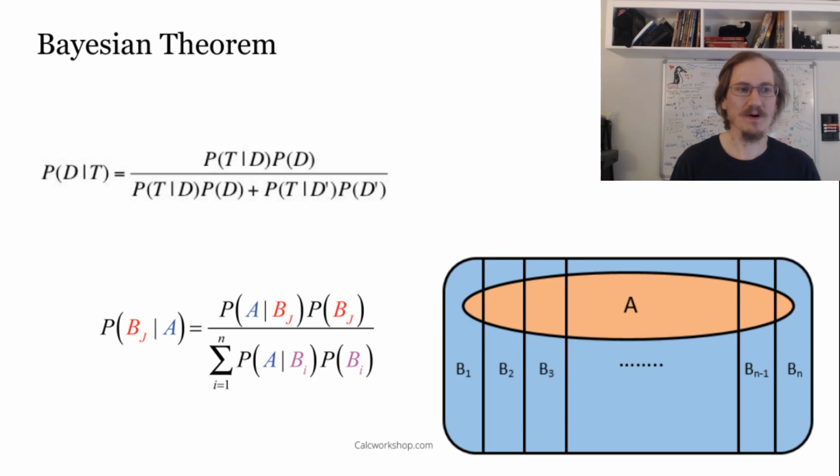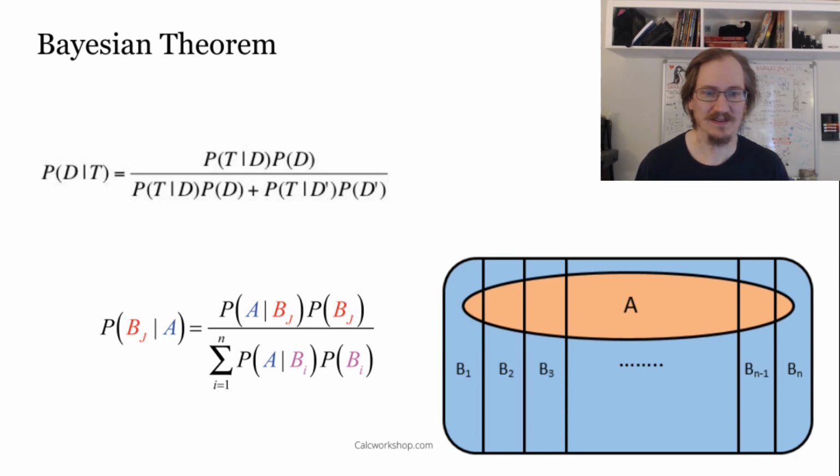Now on the bottom we have a generalized view of this. Instead of just having two divisions, D and D naught, we can have as many partitions as we want, and we're going to sum them up. In the image on the right, we have a whole bunch of events called B, and parts of A are contained in all of these events.